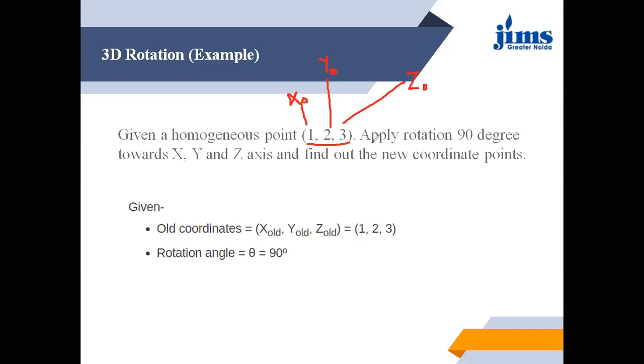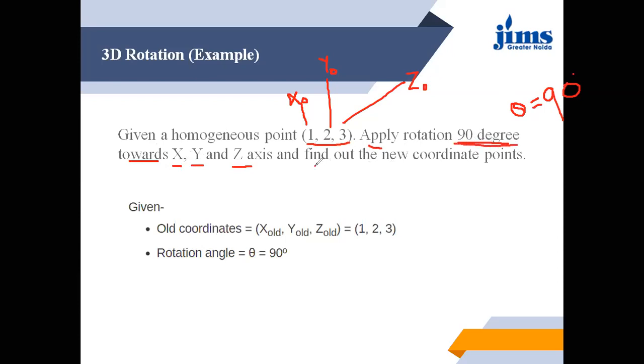We have to rotate, meaning apply a rotation of 90 degrees. So theta is equal to 90 degrees. So this is the value given for theta towards the x-axis, y-axis and z-axis. Meaning this object is going to be rotated with respect to x, y and z with the same angle, that is 90 degrees.